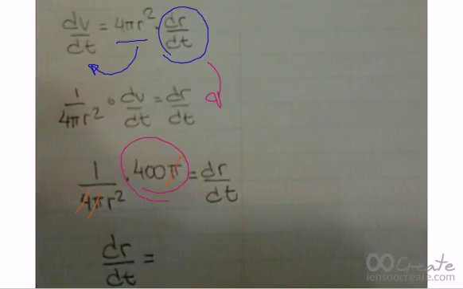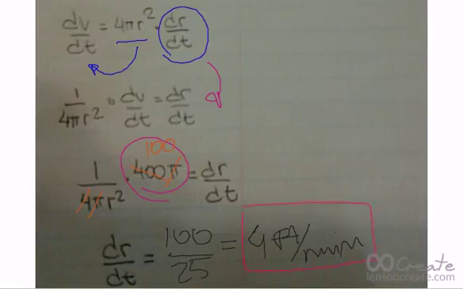So 400 divided by 4 leaves me with 100. Our next step is 100 divided by r squared, and we know r is 5, so it's 25. So this will equal 4 feet per minute, and that's going to be our answer for at least the first part of the question.